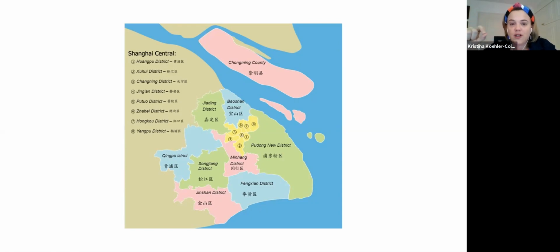If you are registering in Pudong, you are registering your company in Shanghai, your district tax bureau is Pudong. So every single number in Shanghai Central has its own tax bureau, and then the bigger districts have their own tax bureaus.